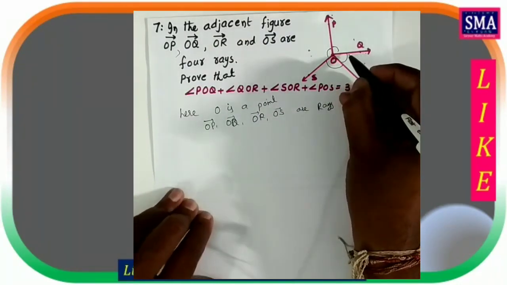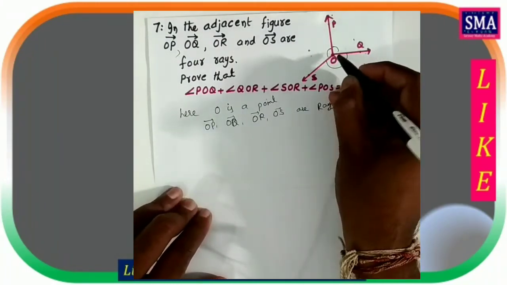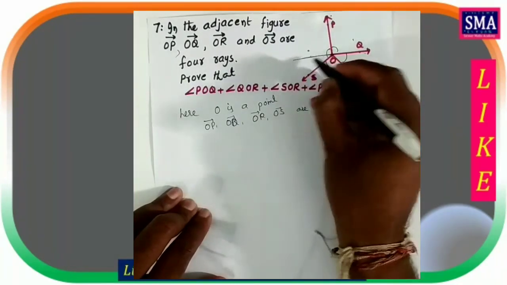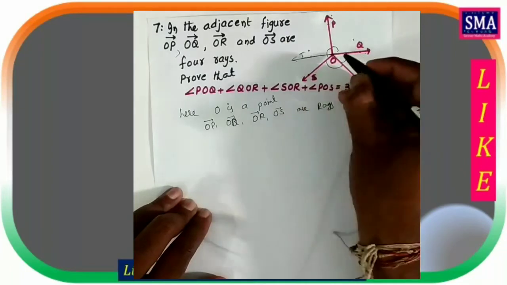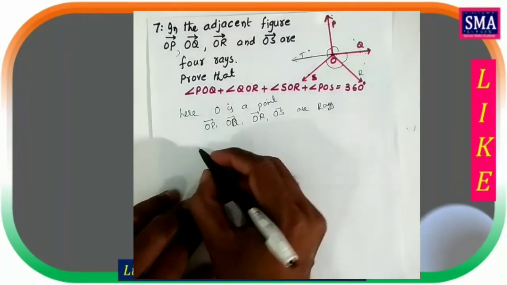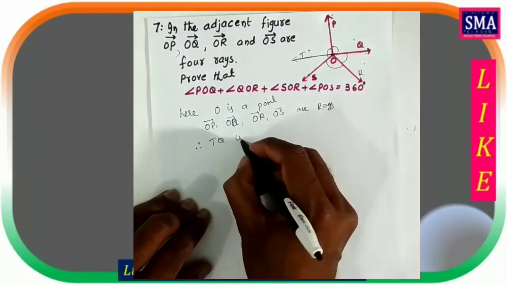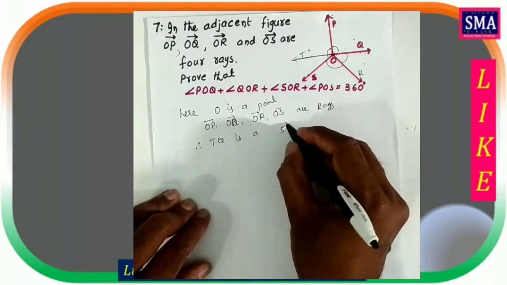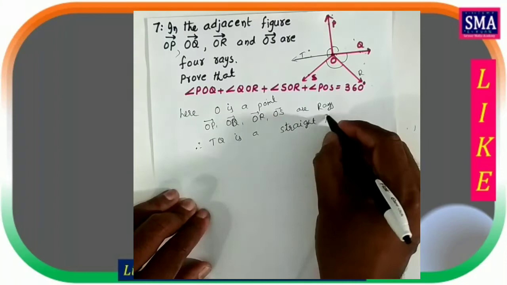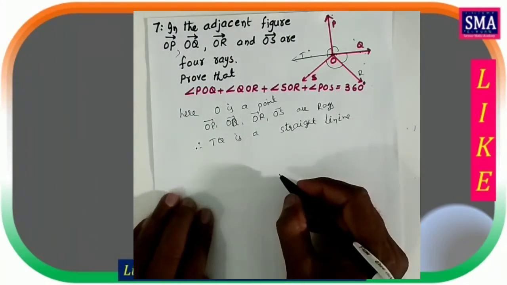If OQ is extended in the opposite direction, that is OT. Okay friends, OQ is extended in the opposite direction, OT. Therefore, TQ is a straight line.